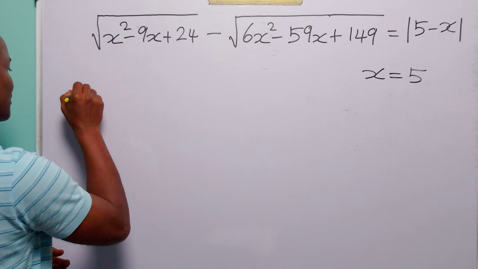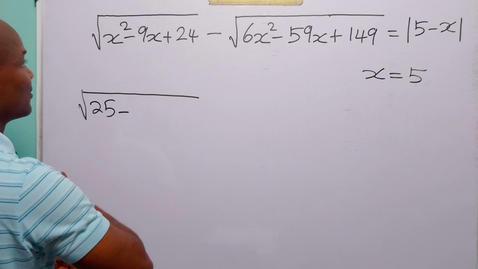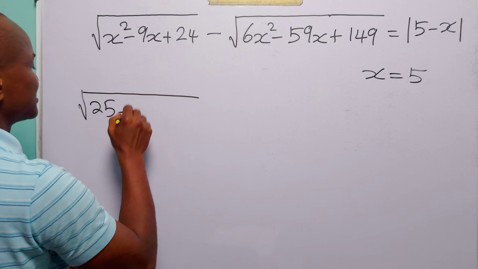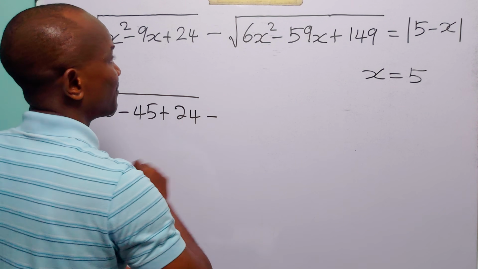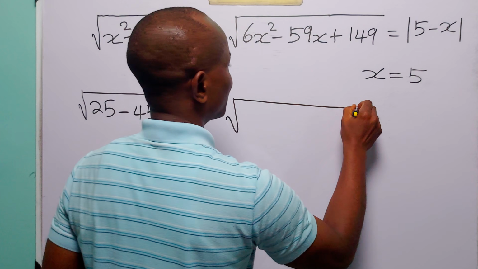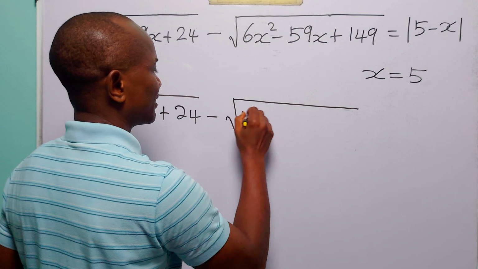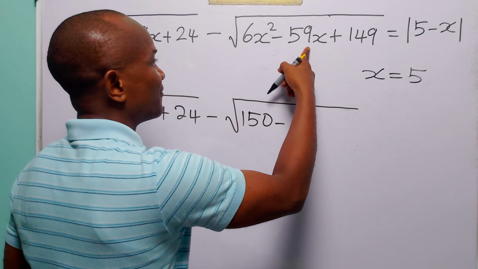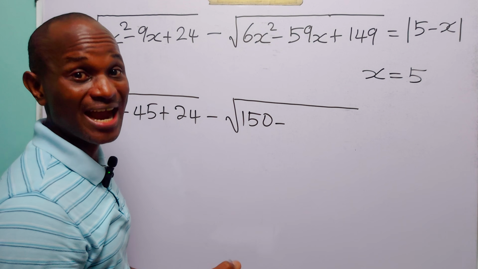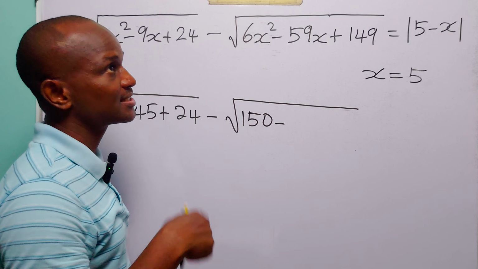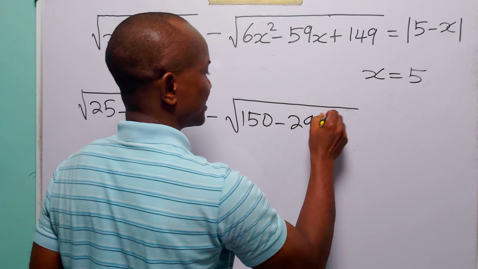Here we have the square root of 5 squared, which is 25, minus 9 times 5, which is 45, plus 24, minus the square root of 25 times 6, which is 150, minus 59 times 5, which is the same as 60 times 5 minus 5. Now, 60 times 5 is 300 minus 5, that is 295.